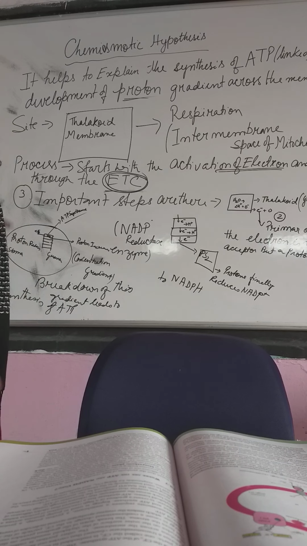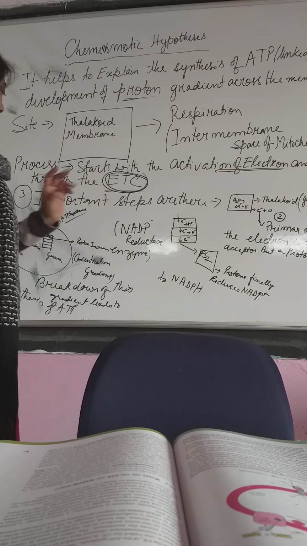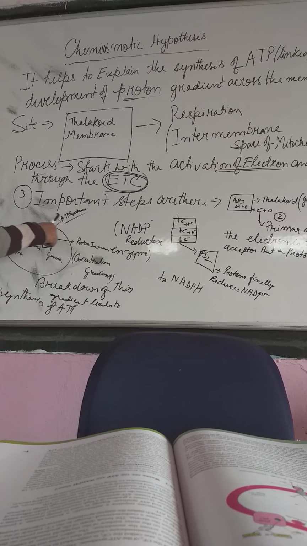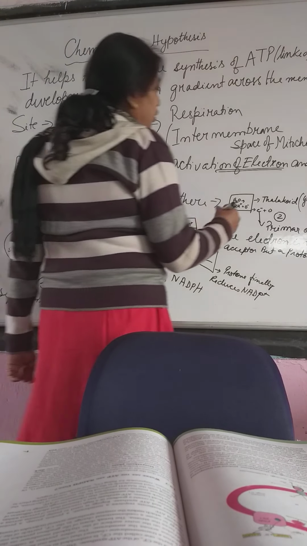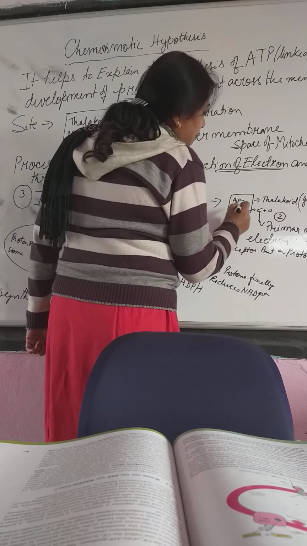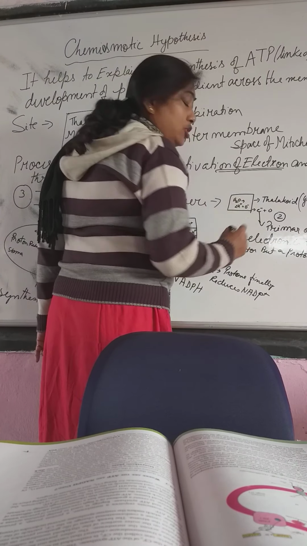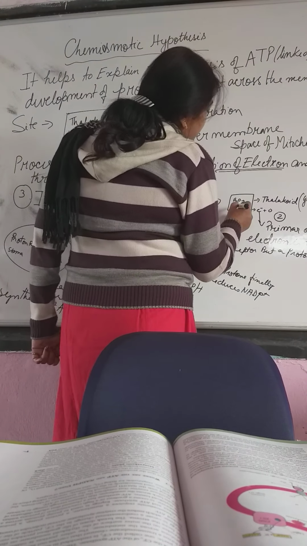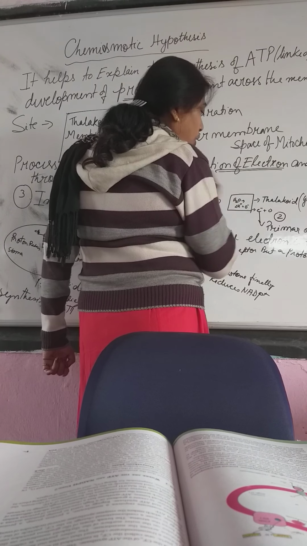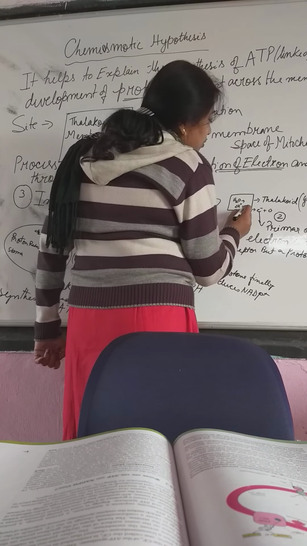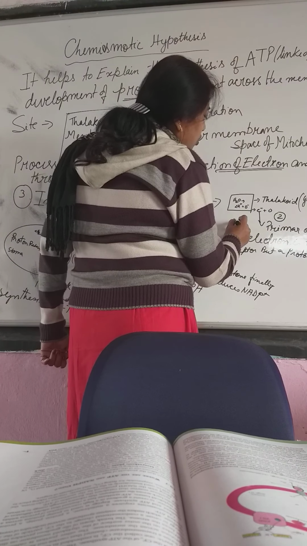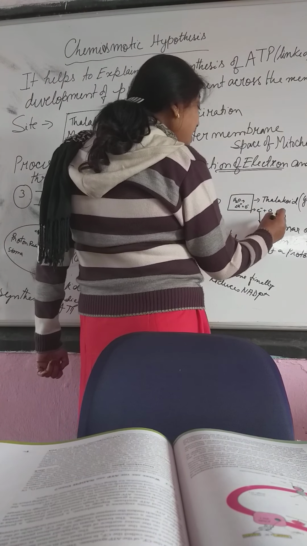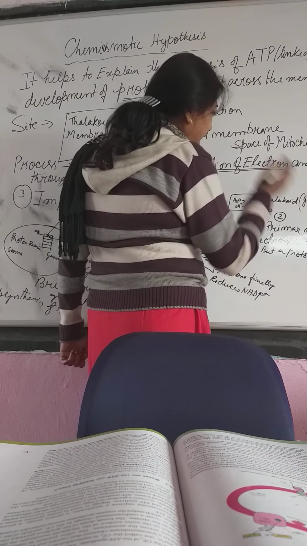Now, what happens? It takes place in three important steps. First of all, within the thylakoid membrane, H2O, water, is split into hydrogen and oxygen. Now here you see the electron is released from one membrane and is passed on. So this release of electron goes into the second step.